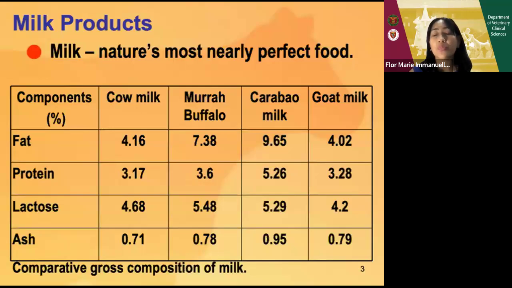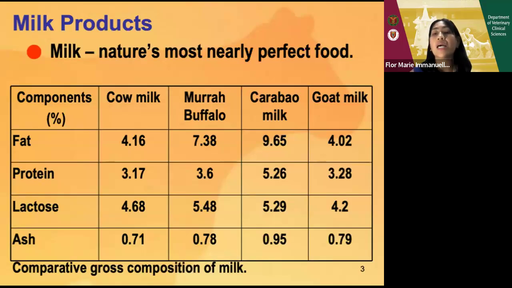We see in this special breed, the Murrah Buffalo, it's increased but not the highest one producing fat compared to the other lactating dairy buffalo breeds. So it's higher than the cow, but much less, 7.38% only. And then for the other dairy buffalo breeds, it can give off as much as 9.65 fat, which is really a lot.